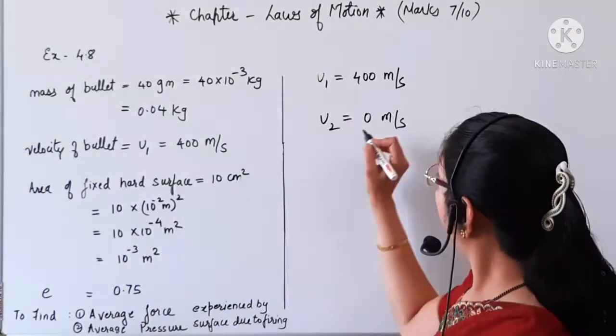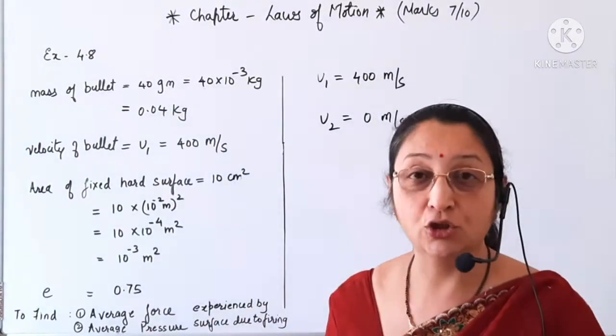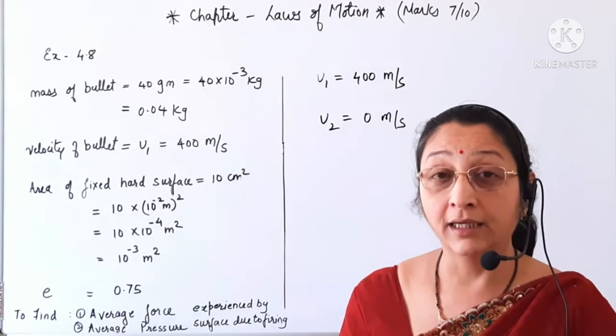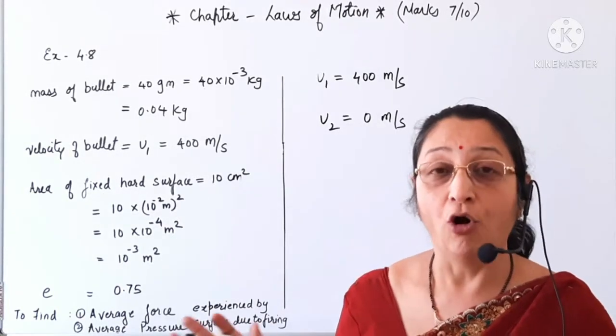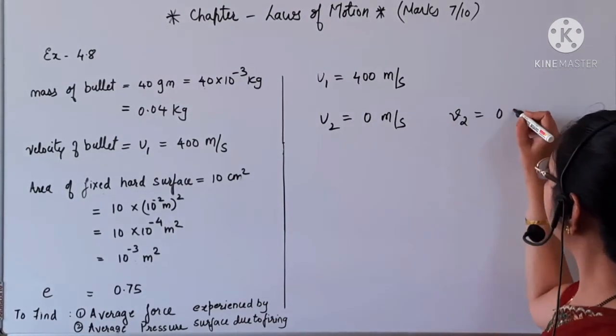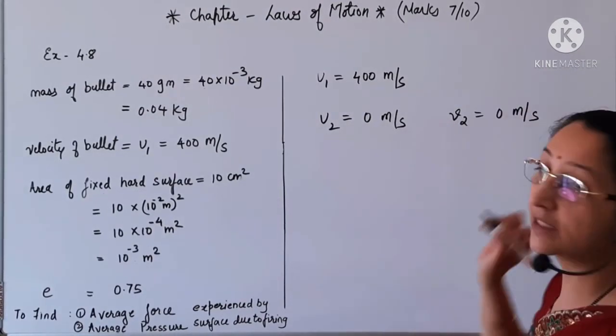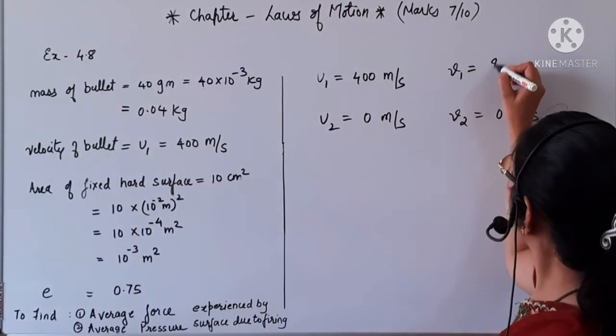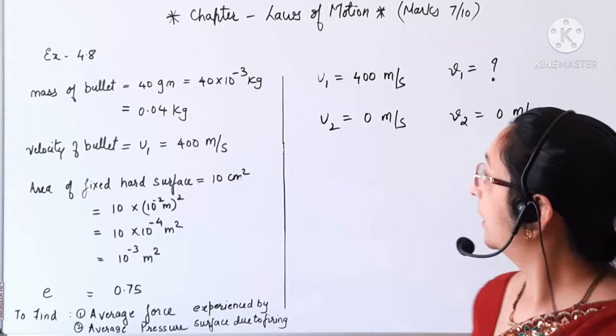Also, when the bullet hits this hard surface, it rebounds and there is no motion of the hard surface. So the final velocity v2 of the hard surface is also 0 meters per second. Now we will find the final velocity of the bullet.